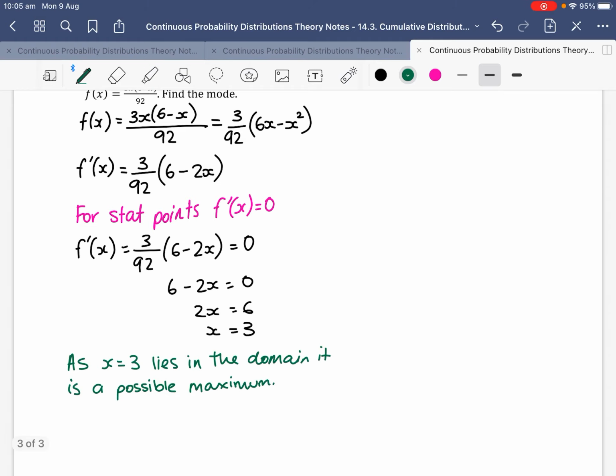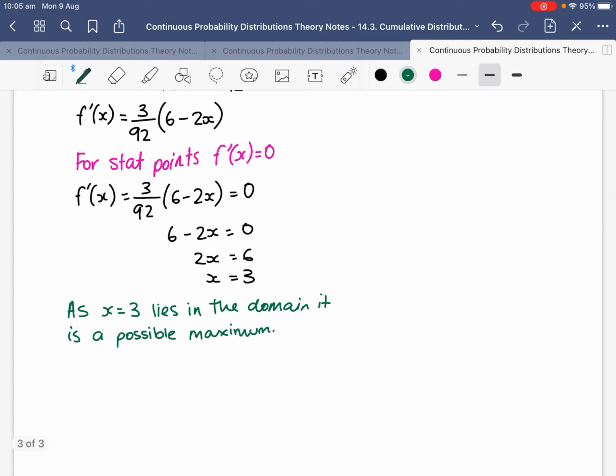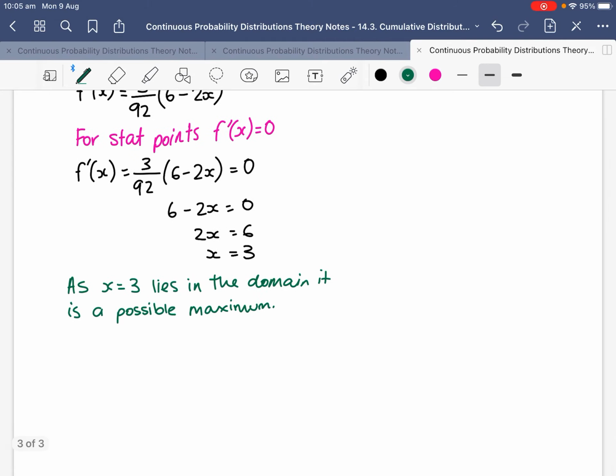We do, however, need to check that it is a maximum. So we have to find the second derivative. f double dash x equals 3 on 92 times (-2), which equals -3 on 46.